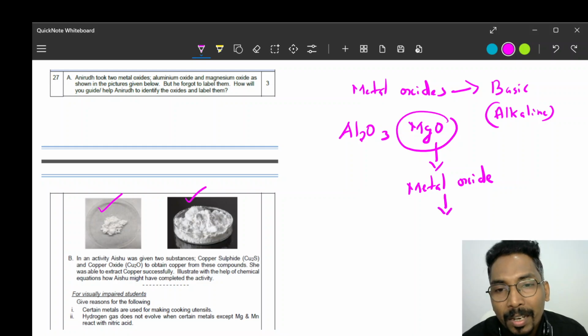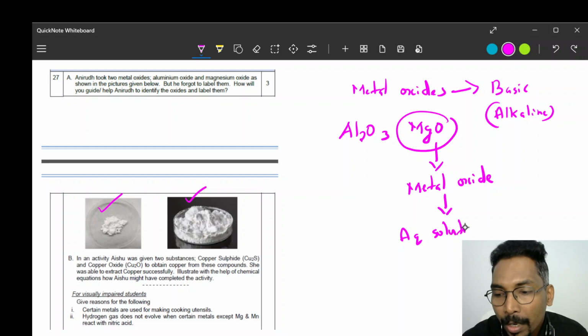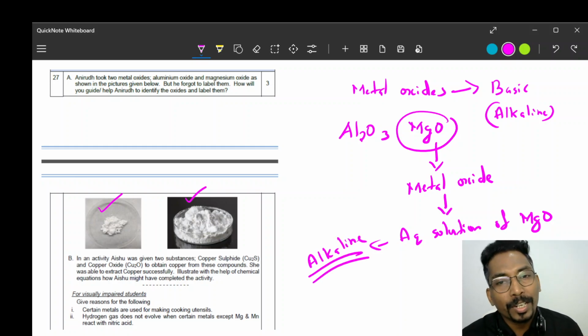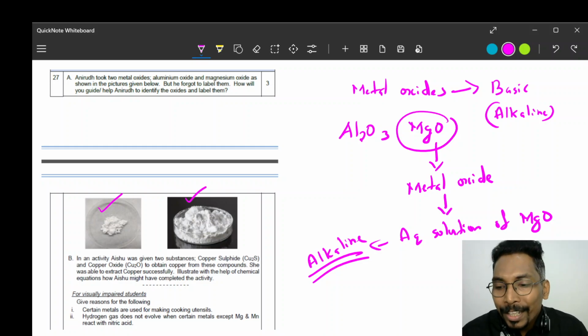Metal oxides are basic. An aqueous solution of magnesium oxide will be alkaline in nature. Okay, so you know about color change produced by litmus papers.